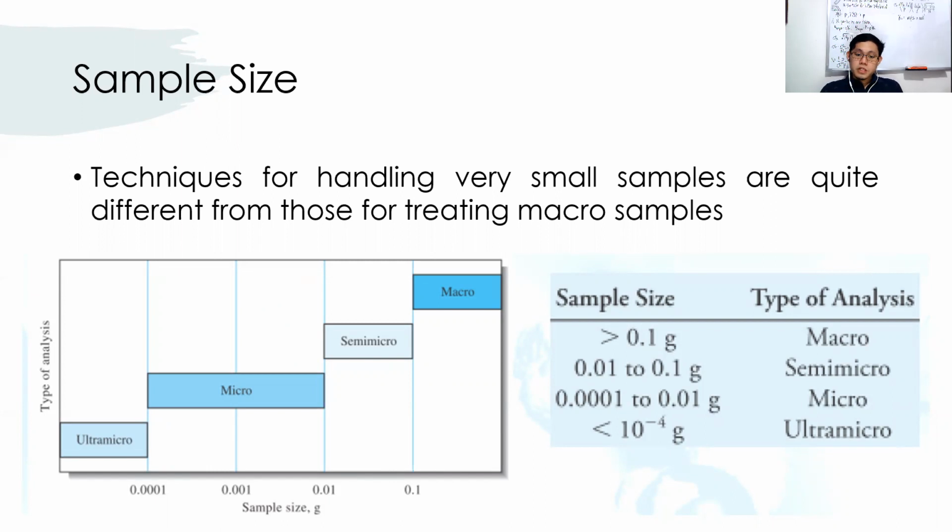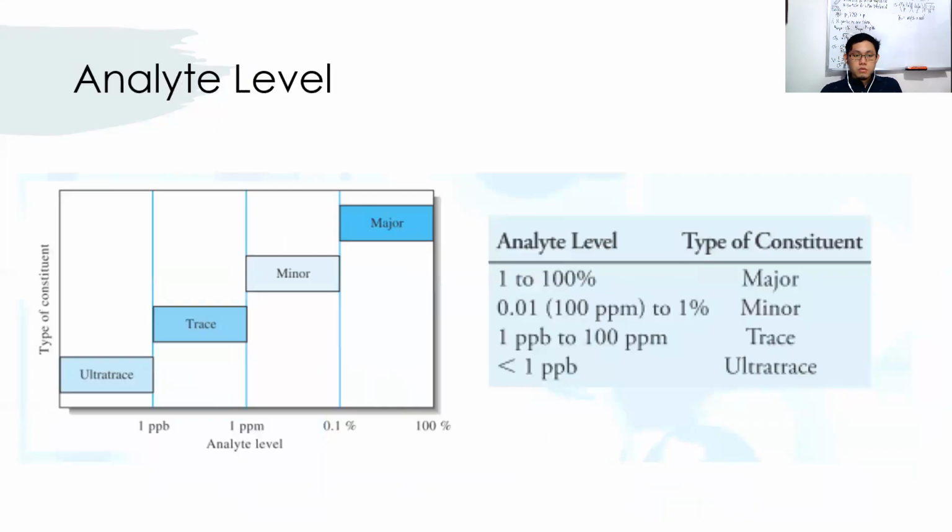And then, yung ultra-micro has the smallest sample sizes, which is 10 to the negative 4 grams. So, habang lumiliit itong sample size, mas tumataas yung chance na there will be mistakes in handling your sample, and also yung effect ng possible degradation ng analyte ay nagmo-multiply.